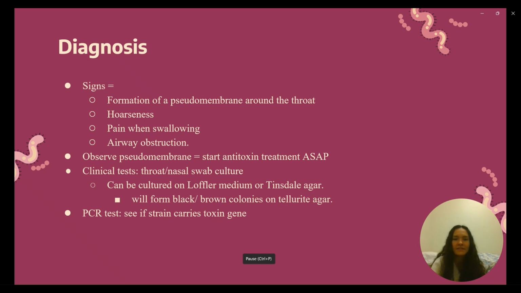Some clinical tests that can be done for the diagnosis of Corynebacterium diphtheriae are a throat or nasal swab culture. Bacteria will be grown on a Loeffler medium or Tinsdale agar. The bacteria will form characteristic black or brown colonies on tellurite agar. A PCR test can be done to see if the strain carries a toxin gene.